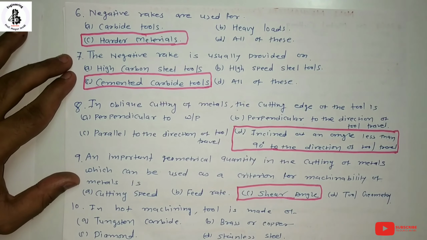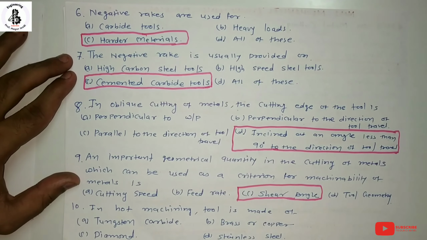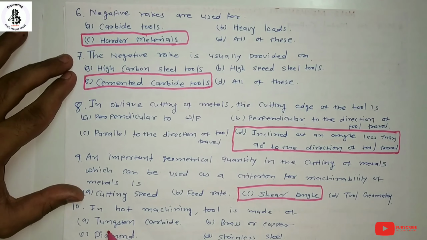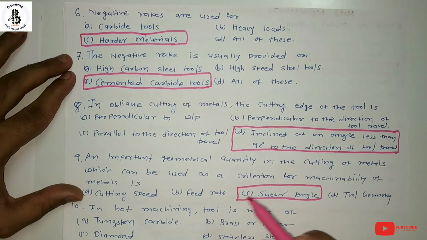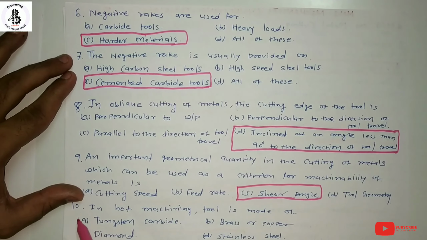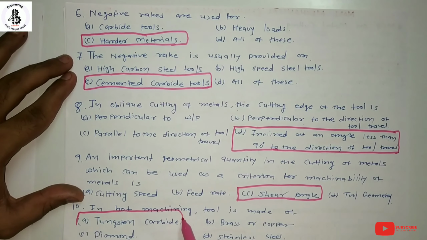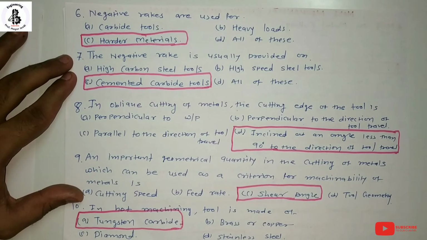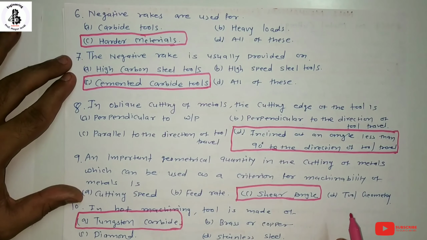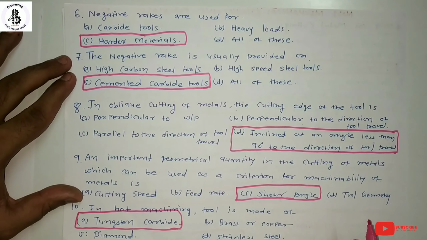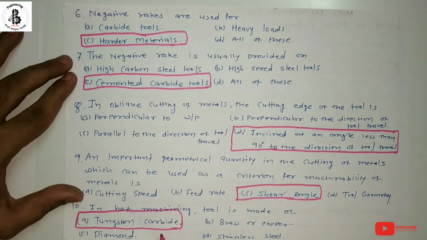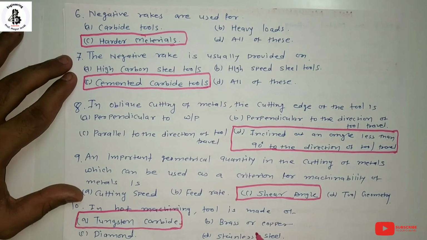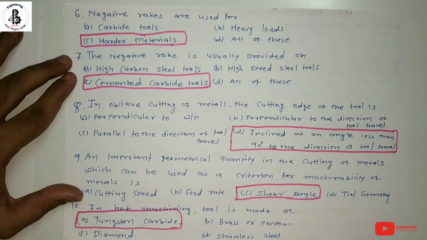Stainless steel is lower, and diamond is also lower. But tungsten has a higher melting point, so this material works at higher temperatures. So in the case of hot machining, the tool is made of tungsten carbide. So tungsten carbide is used as a tool material in the hot machining process.